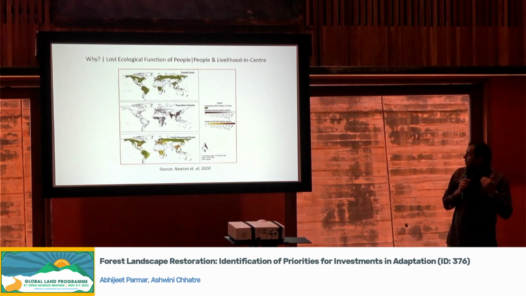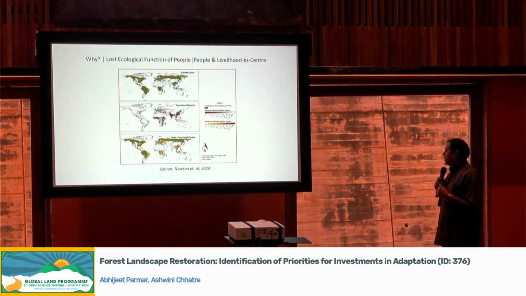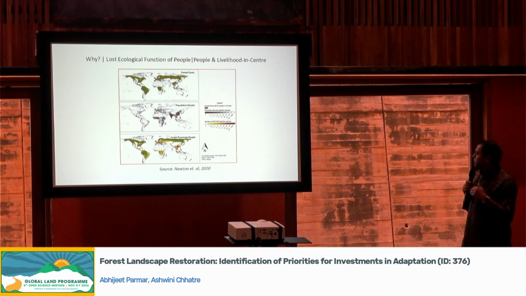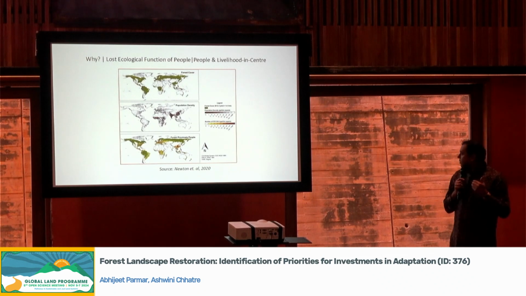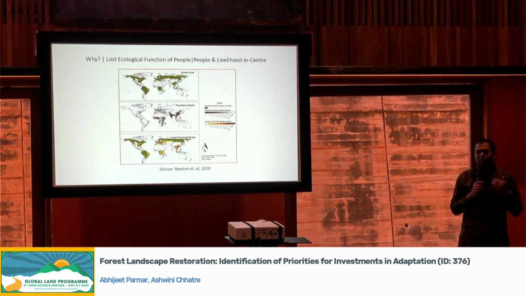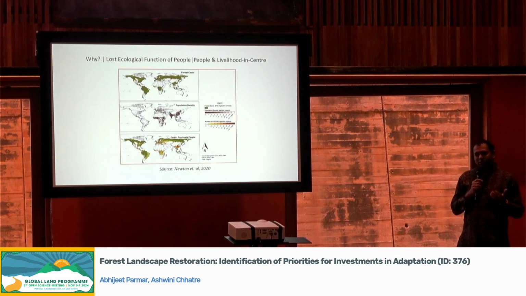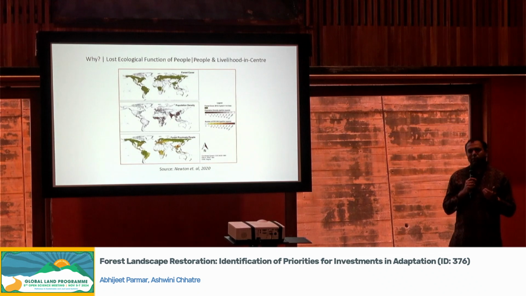So you can see this particular map, which was produced in 2020, which estimates the number of forest proximate people who live within 5 kilometers of the forest areas in the world. According to the 2012 estimate, the number itself was 1.6 billion.